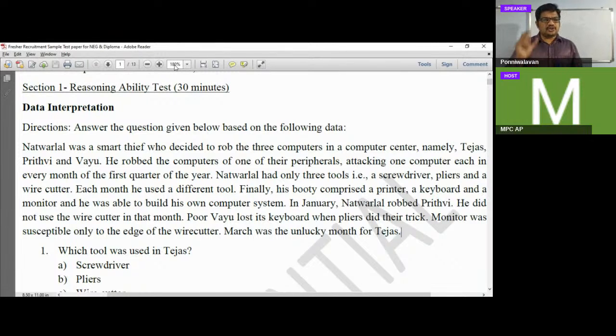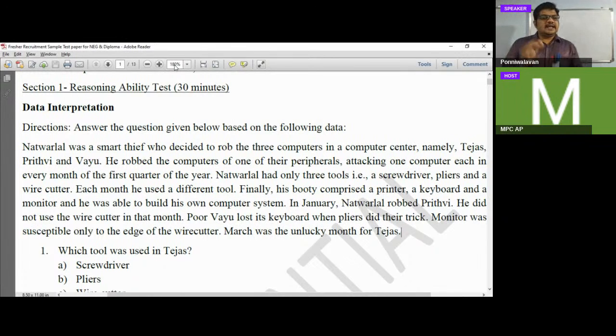He is going to use 3 tools: screwdriver, pliers, wire cutter, and take 3 items: printer, keyboard, monitor. So all the things are 3: 3 places, 3 tools, 3 months, and 3 items he is going to steal.